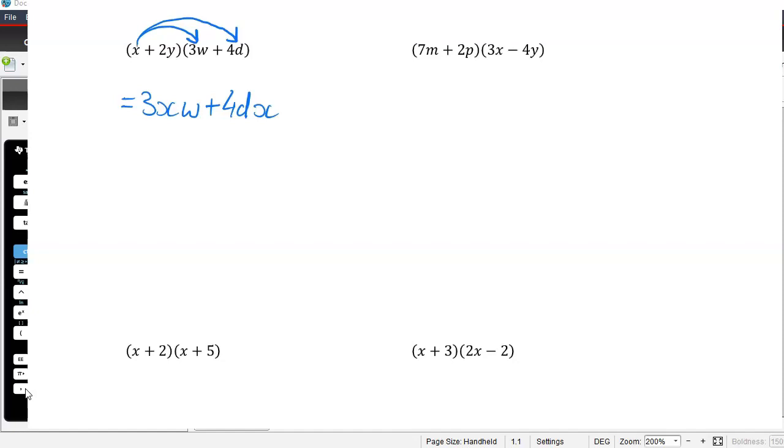Then, might do this in a different colour, I go 2y times by that first term in the second bracket, then 2y times by the second term in that second bracket.